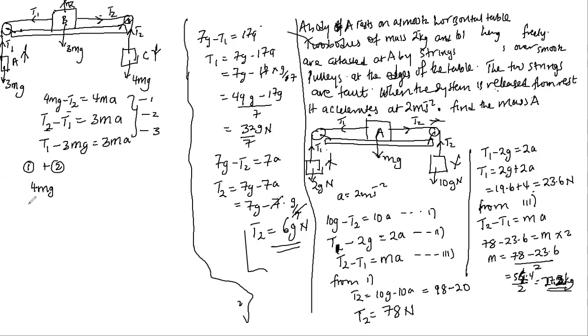Then I can add the star to equation 3 to combine the T1 with this one. So when those T1s cancel, we shall have 4mg minus 3mg is equal to 10ma.